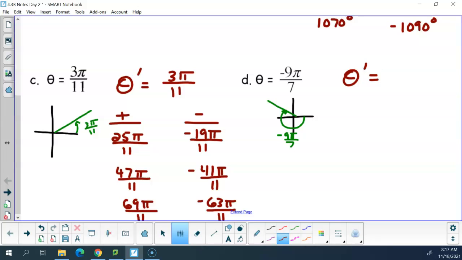Pi over 7. Because that's like pi, right? Which is 7 pi over 7, right? So I need to get 2 more to get there. Yep, exactly.